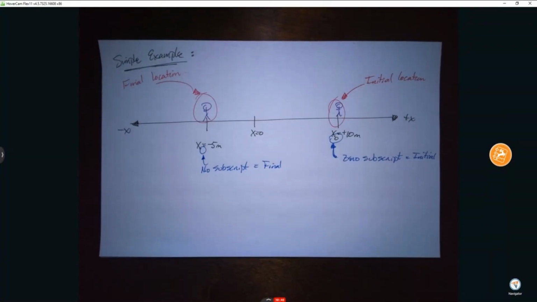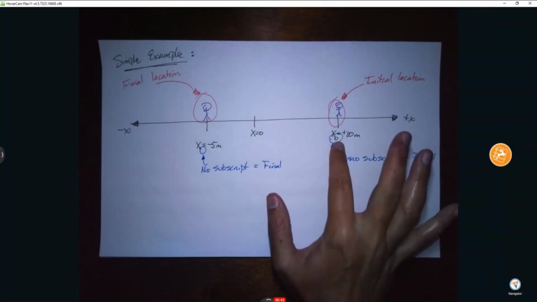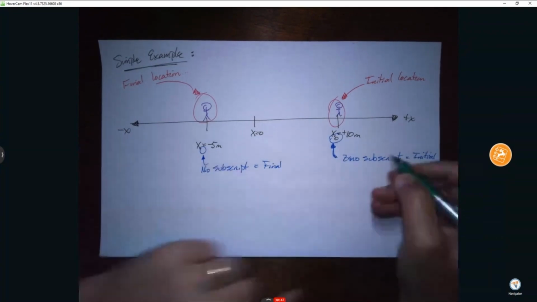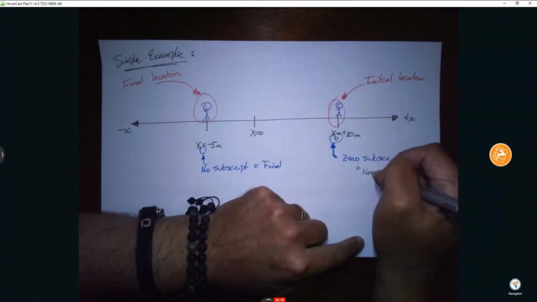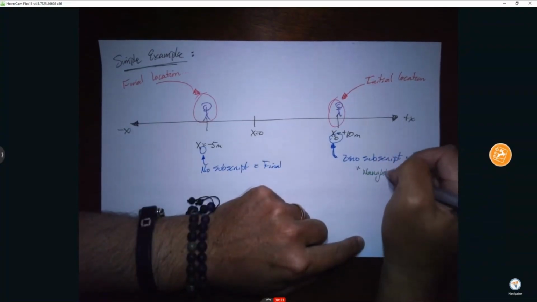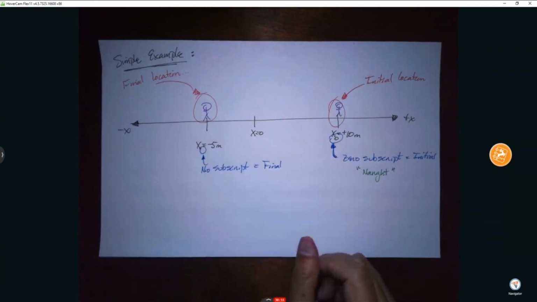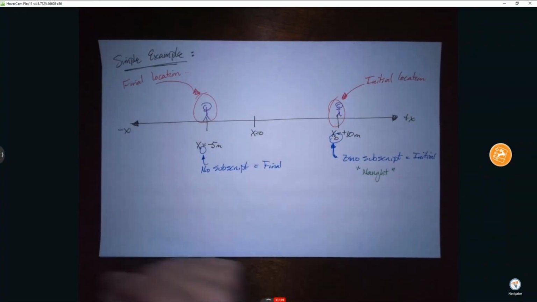And again, very often what they'll do is when we look at this 0 subscript, they'll read it as not. Okay, so that'll be, X naught is plus 10, or X sub 0 is plus 10, but again, sometimes I'll say not type of things.